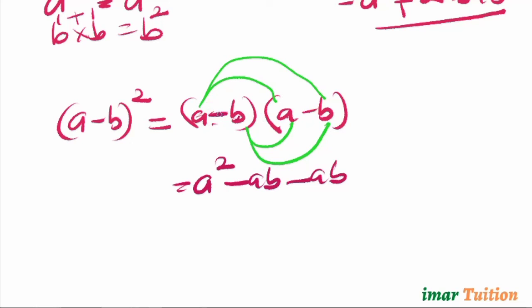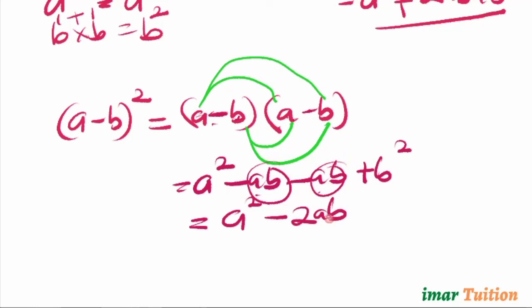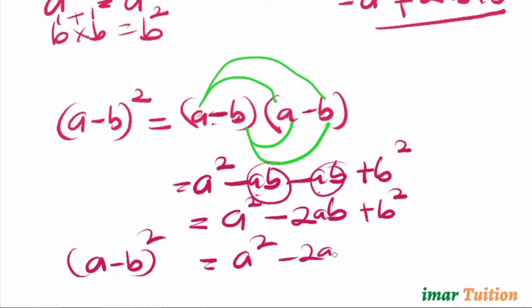When you multiply a minus by a minus, it becomes plus. B times b gives you b squared. That is equal to a squared. These two are the same. Minus ab minus ab gives you minus 2ab plus b squared. Therefore, a minus b squared is equal to a squared minus 2ab plus b squared.